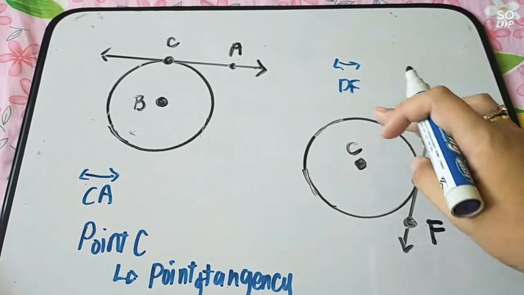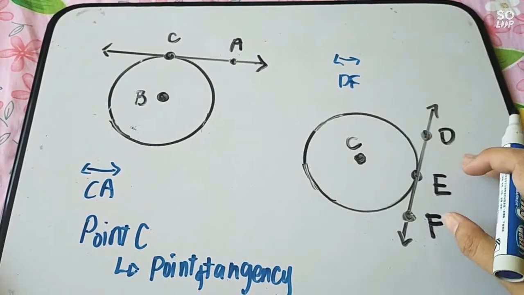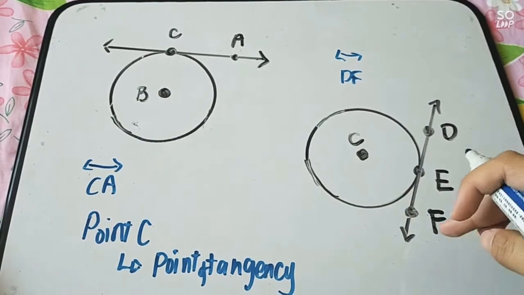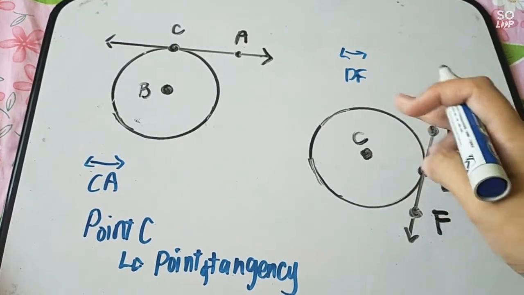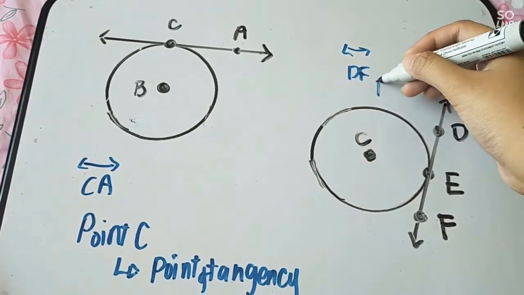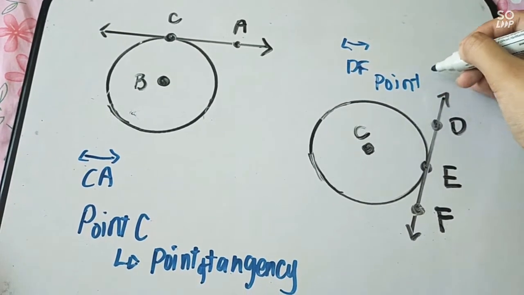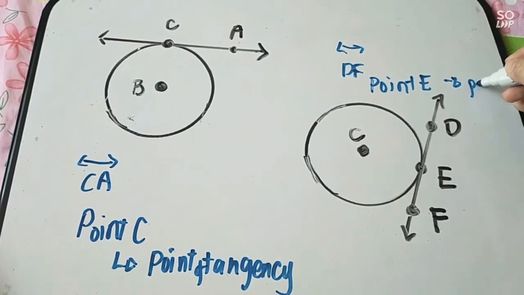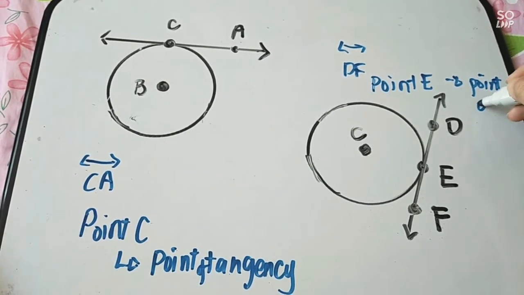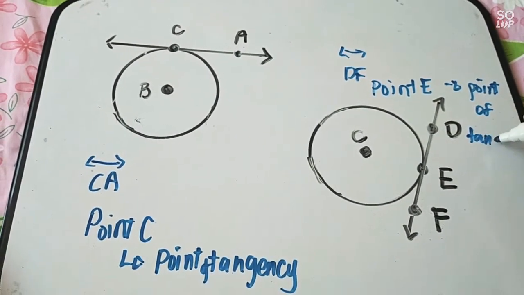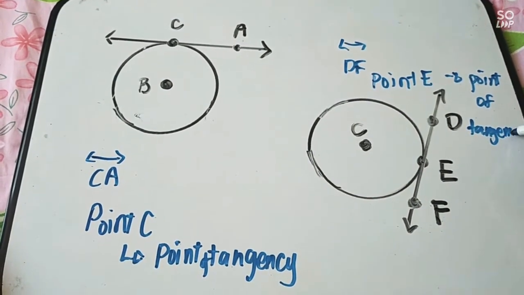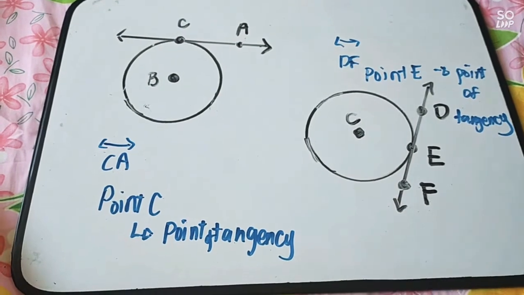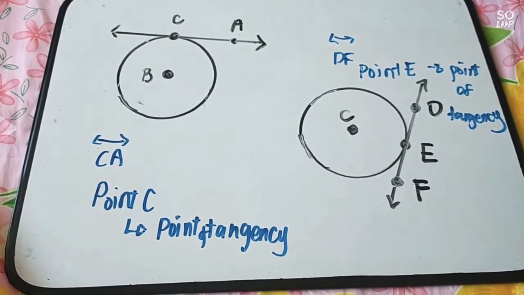So, line DF is what you call the tangent line, and the intersection point of the line and the circle is point E. Point E is what you call the point of tangency. So, this is an example of a tangent line.